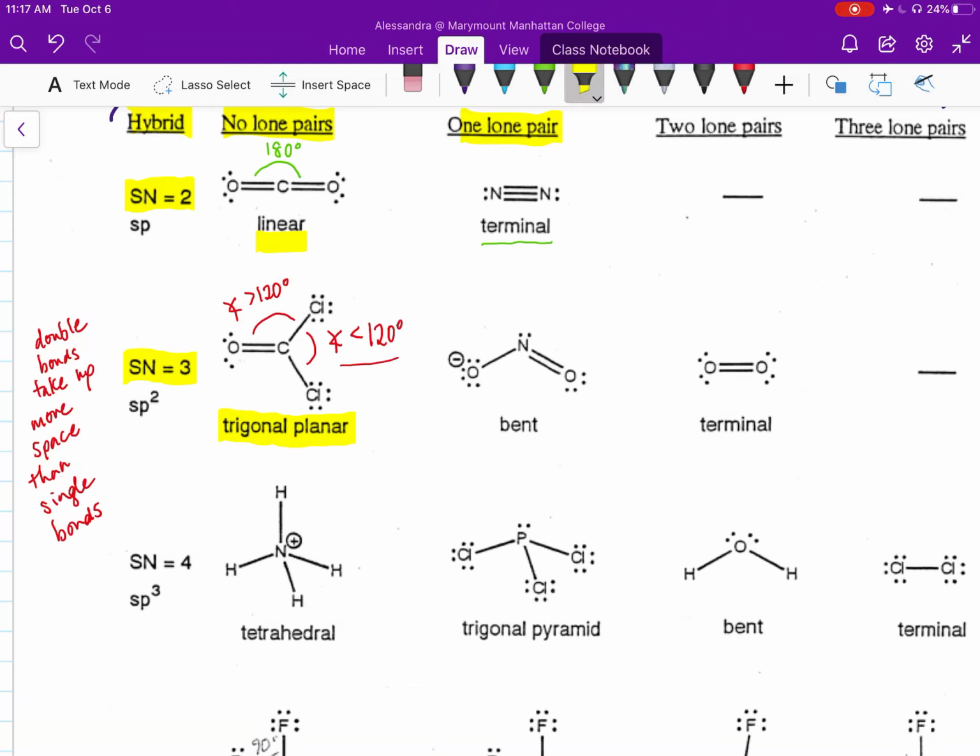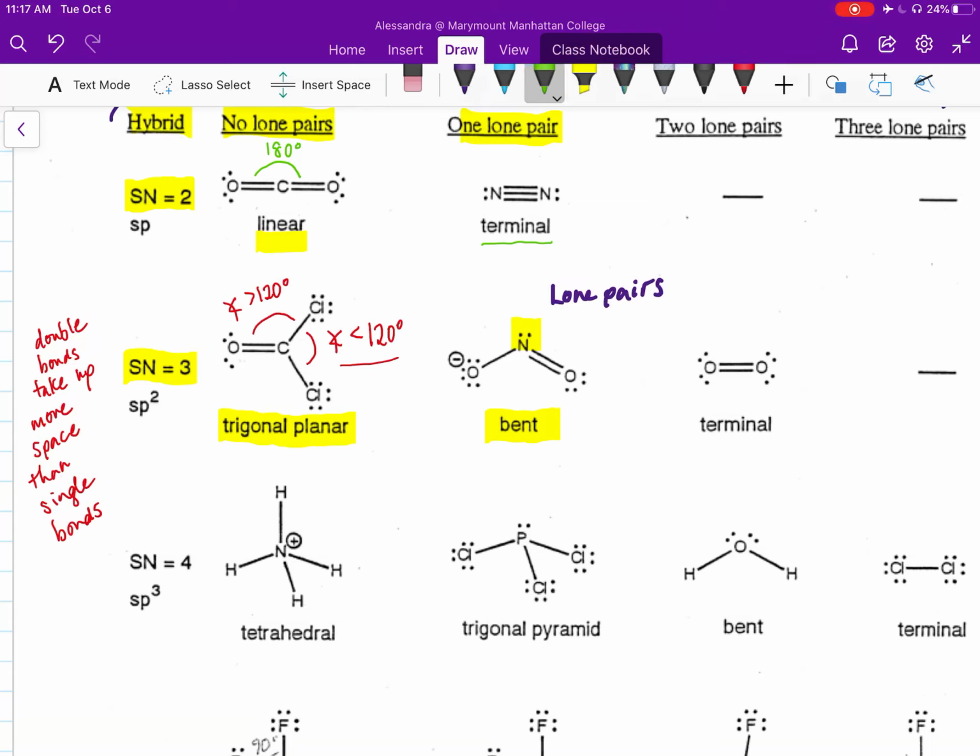The molecule is bent because the lone pair takes up space. Okay, the lone pair takes up space just like a bonding pair. It requires its own region of space. And in fact, lone pairs actually take up more space than bonding pairs.